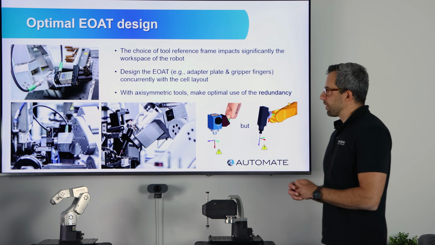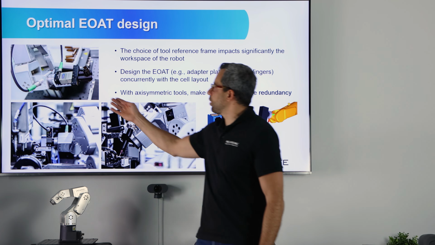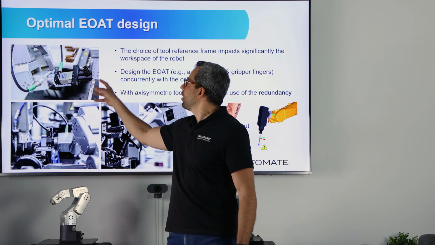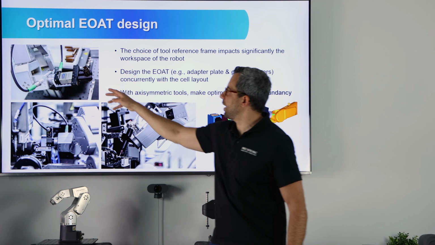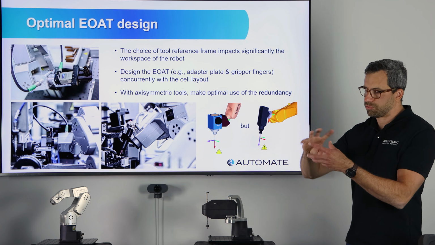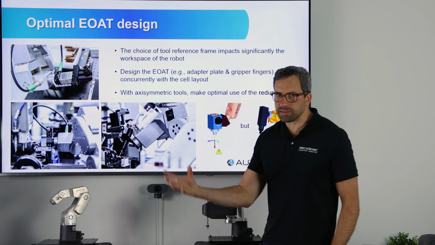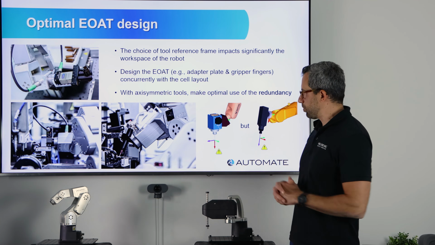So at least you should know that it's very important what kind of adapter plate you use, what kind of end effector you use, what kind of cable you use. It changes your workspace. It restrains the joint limits. The singularities will be completely different. So this is very important.